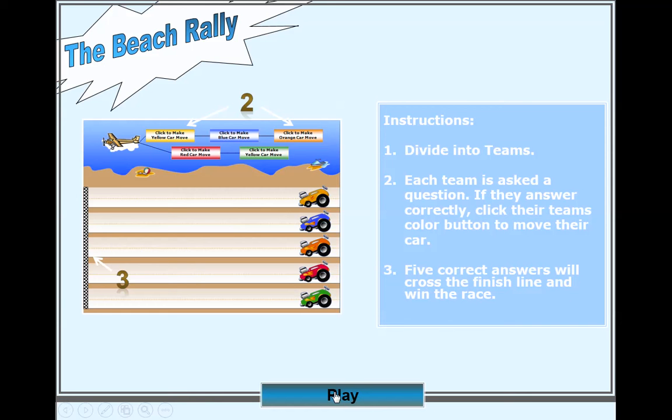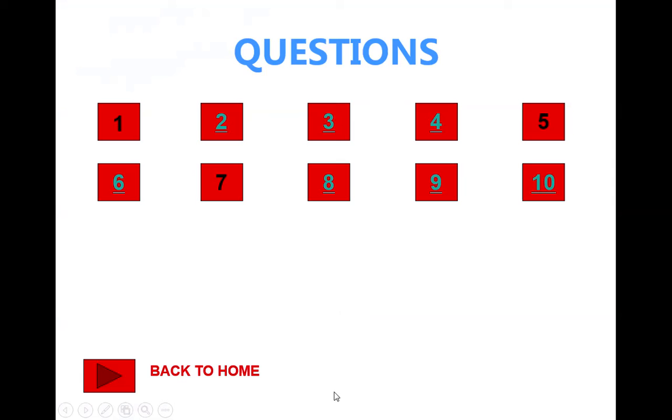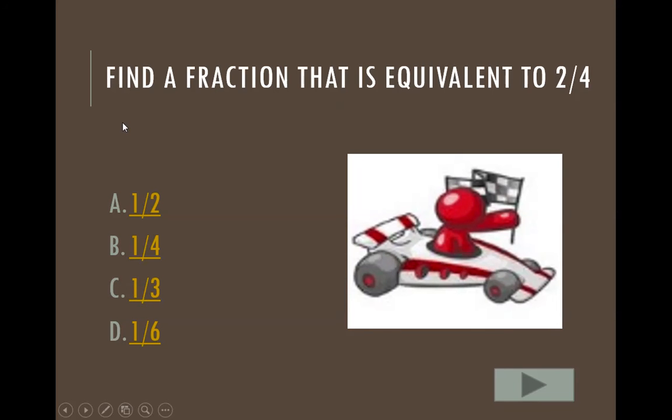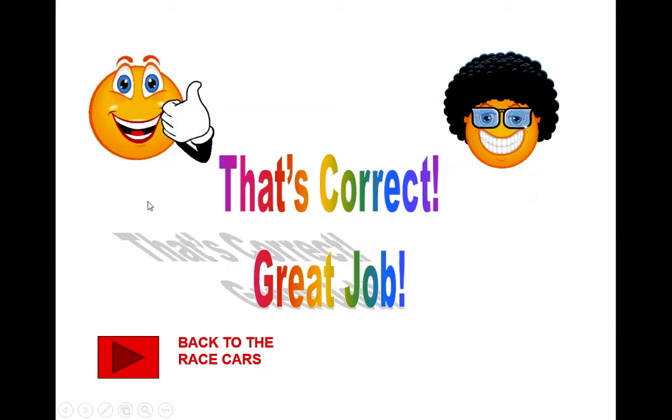So let's play one turn and see. Here are the questions. We go to number 1. Find a fraction that is equivalent to 2/4. I guess 2/4 is, oh, it's 1/2, I think. So let's try.